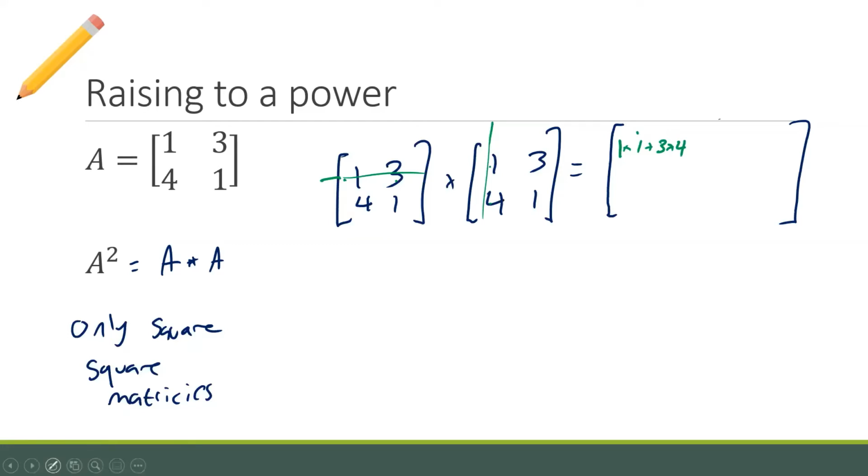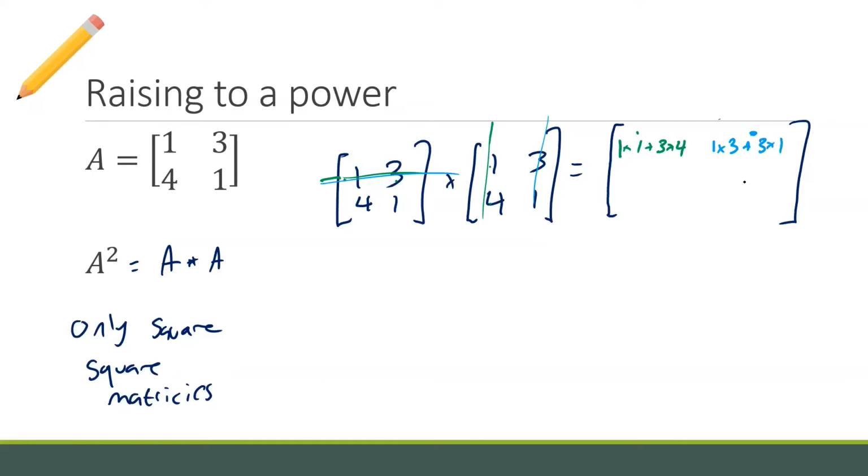The next one is I'm going to do this point here. That is the first row, but it's now the second column. To do that, I'm going to go 1 times 3 plus 3 times 1.